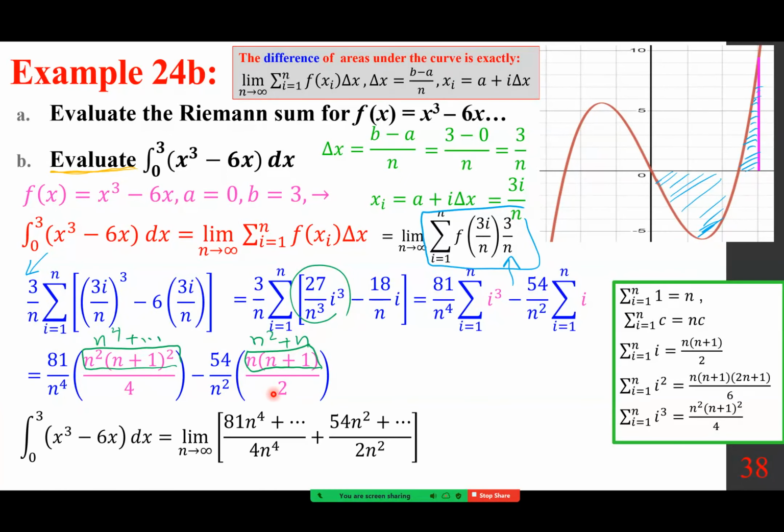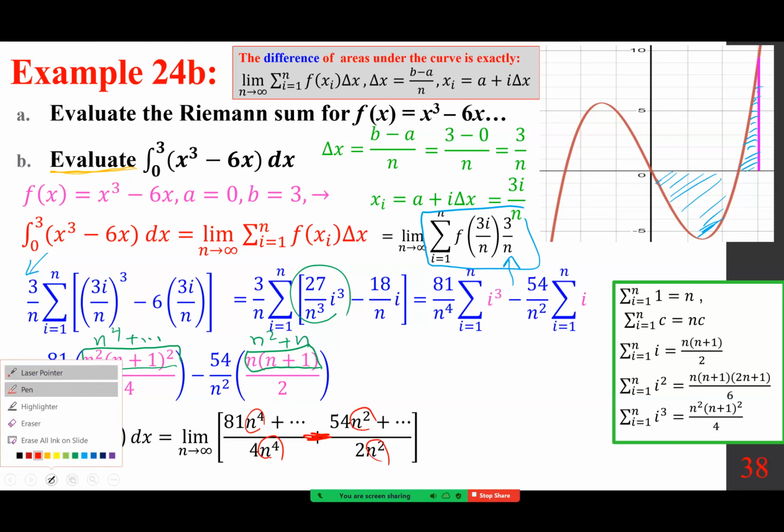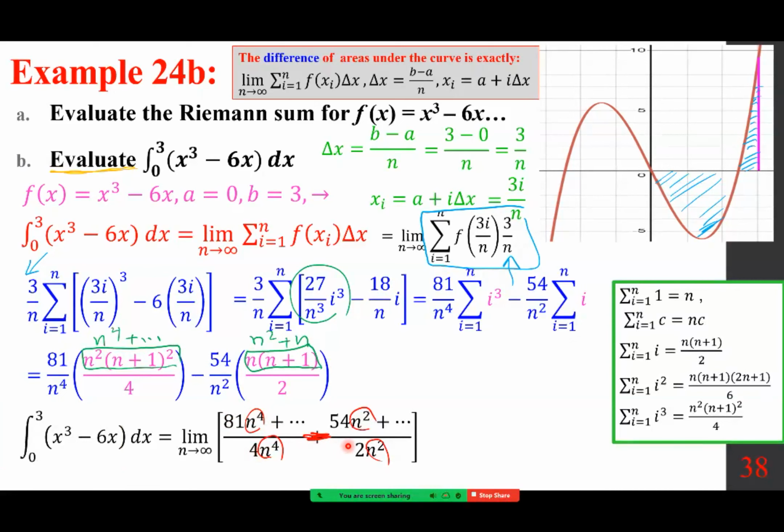This is what we have. So that's a negative sign. The highest degree term is n to the power of 4 for the top and the bottom. So the answer is 81 over 4 minus the highest degree term for the top and the bottom, which is n squared, so minus 54 halves.